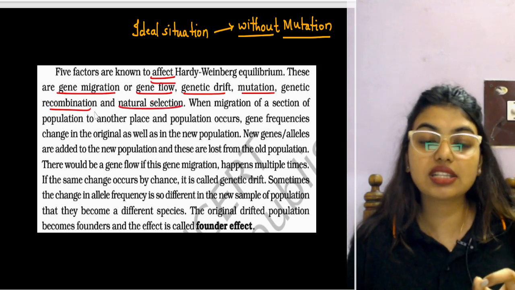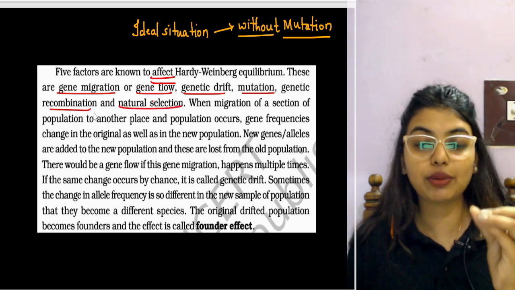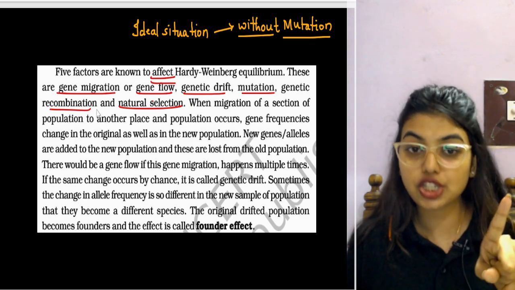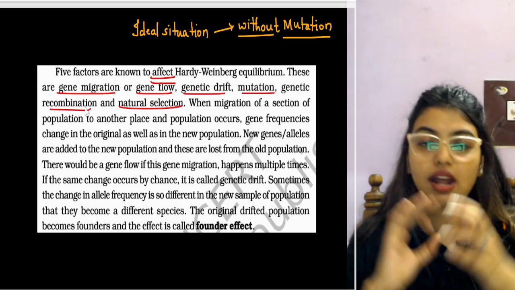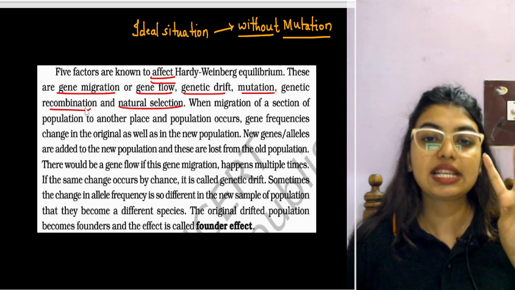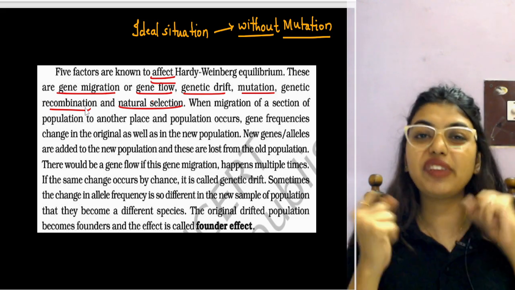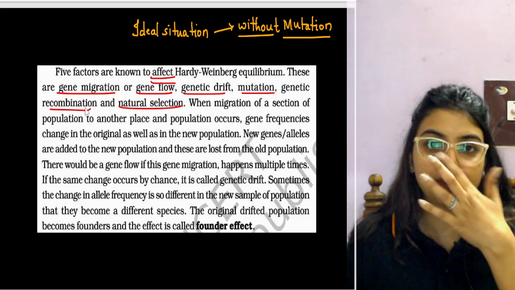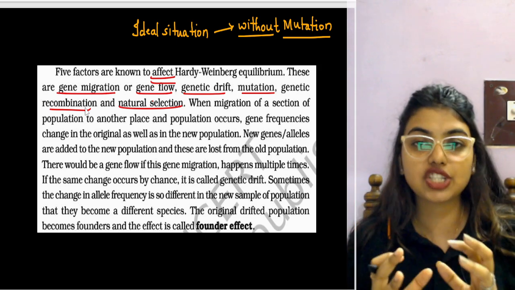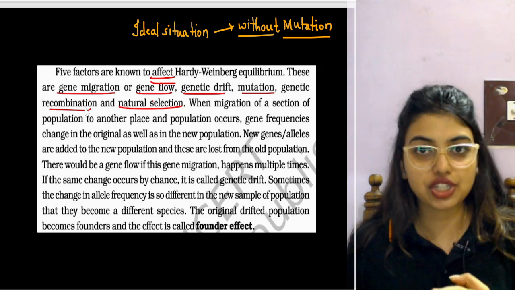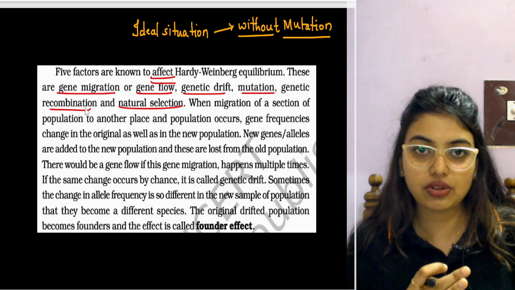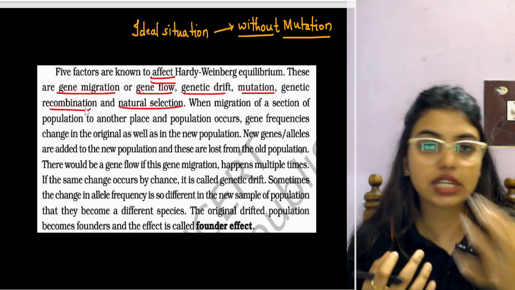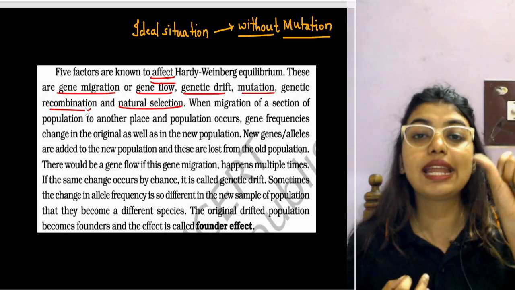So what are the factors that affect the Hardy-Weinberg equation? Gene migration or gene flow: that means a new population comes in, which will change the Hardy-Weinberg principle. Second, genetic drift: if there is a drift in the species or a population changes, that will cause mutation. Genetic recombination: different recombinations happen that can change natural selection.